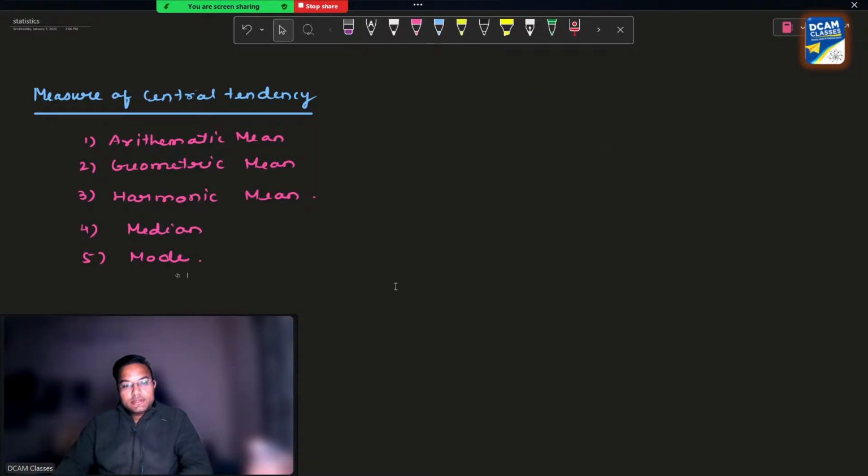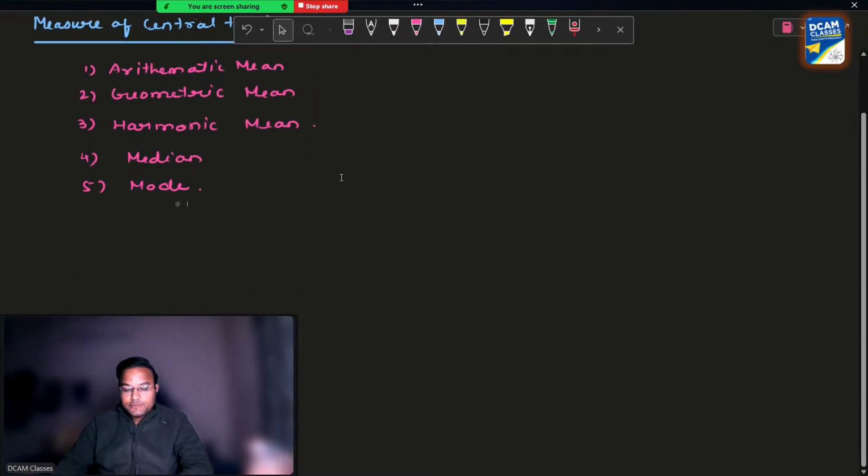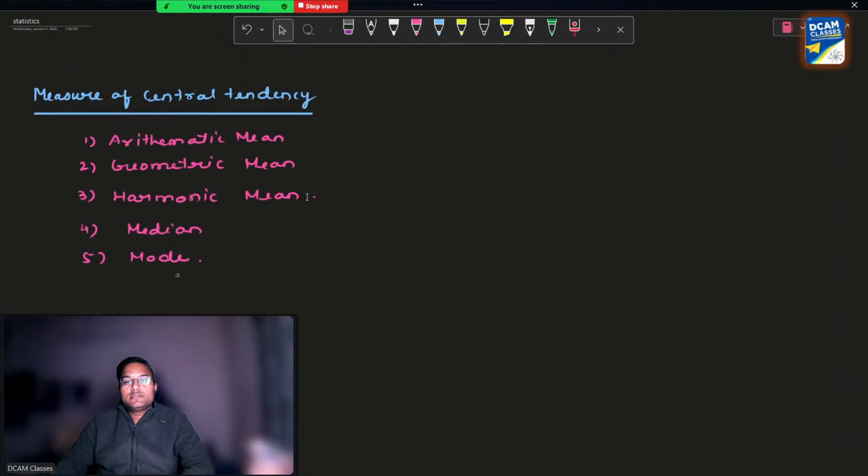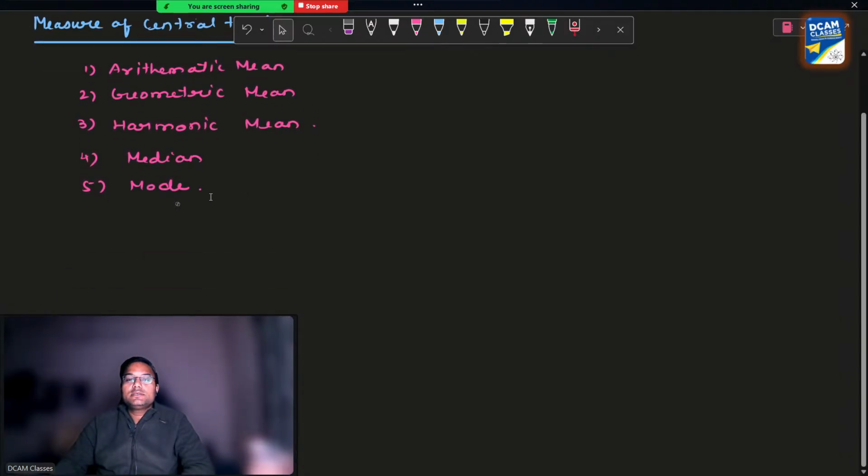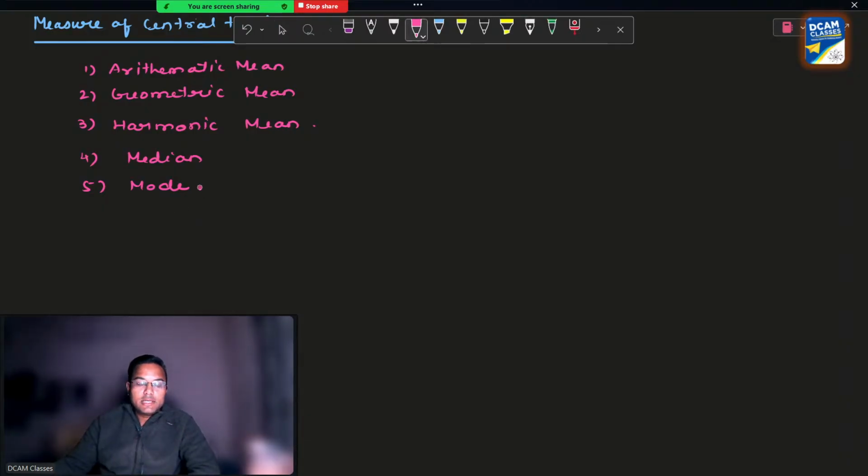These things you will be studying for the data which is given to you, and when you are studying this, you will be learning about standard deviation and variance also. So let's start with the arithmetic mean.